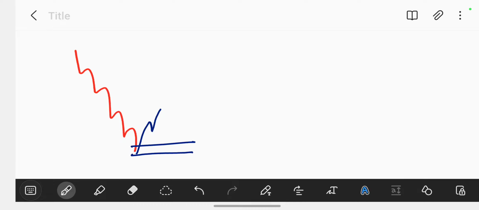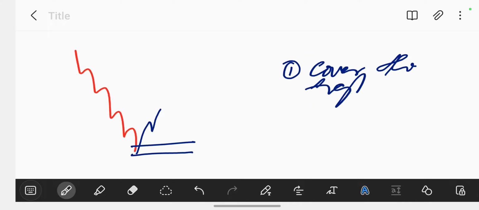When you're drawing it like this, remember, the structure will not always be the same on every chart or every level, but the basics are that you cover the tight bars there. A tight bar can look like this, or like this.